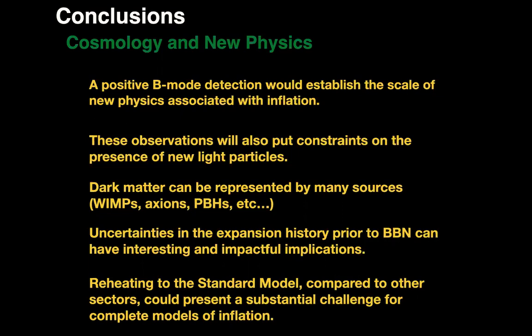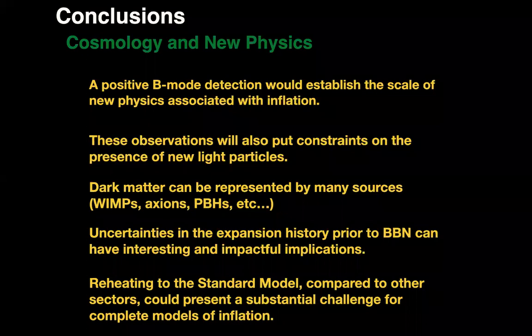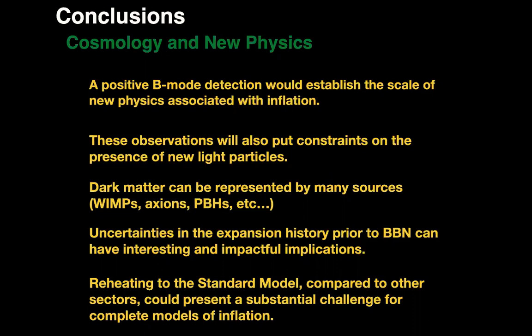Dark matter could be made up of many sources, so we could have primordial black holes, axions, WIMPs, and again, even if you still like neutralinos or winos, like I do, they could be a small portion of what dark matter is, so it's not completely ruled out. The uncertainties in the expansion history can be interesting, and they can have implications. And most importantly, reheating from inflation to the standard model seems like a serious challenge that needs a lot of people to work on. And I'll stop there.